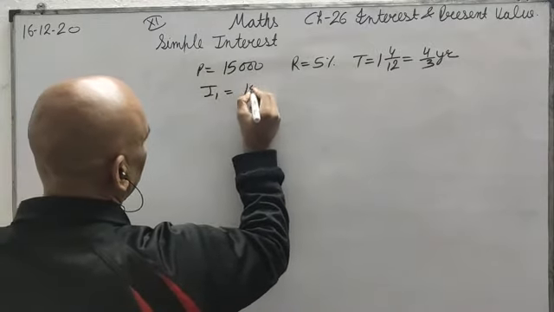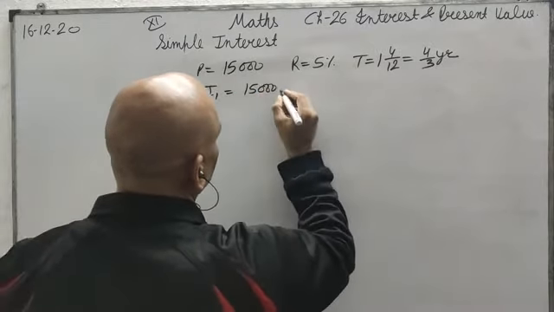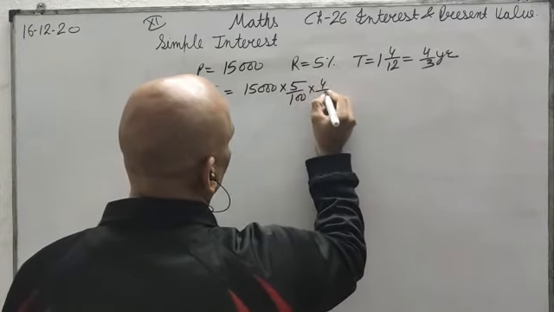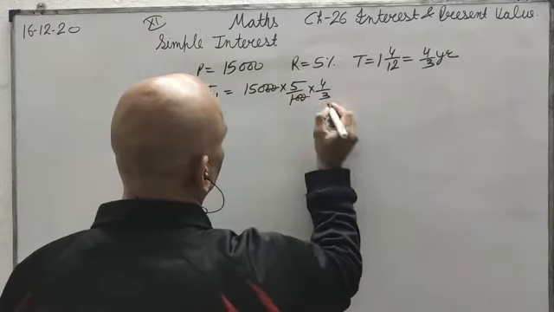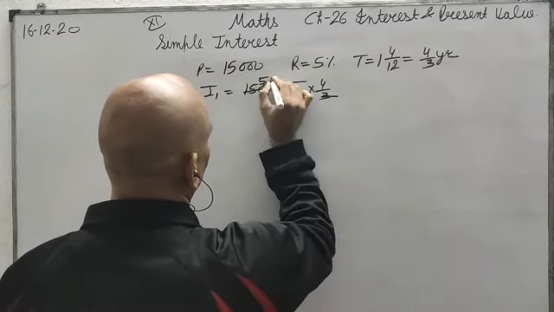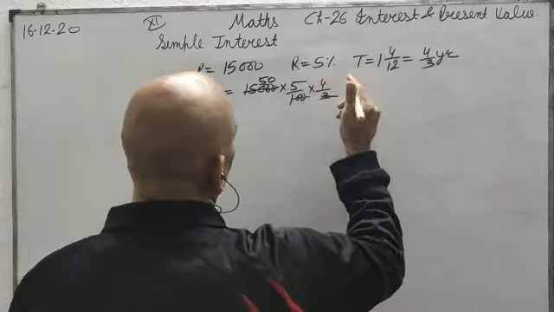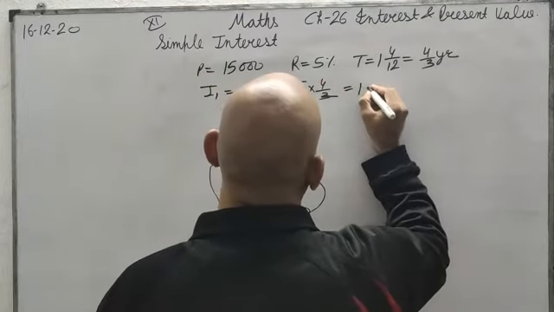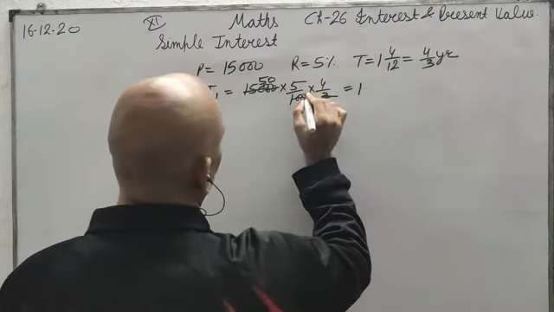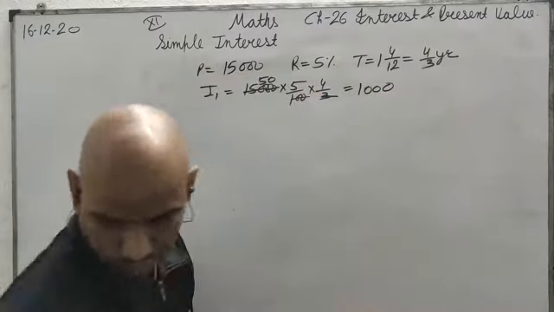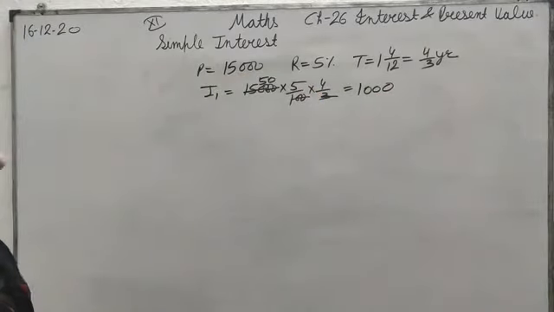Interest 1 we are calling it 15,000 into 5/100 into 4/3. 3 5s are 15. 5 5s are 25, 4 25s are 100. 5 4s are 20, 25 4s are 100. 1,000. So it came 1,000.